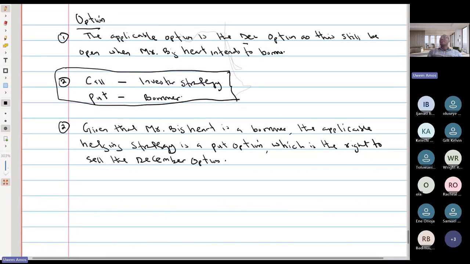That is the applicable strategy for Mr. Big Heart. So let's go back to our question quickly on that option and even see the value.